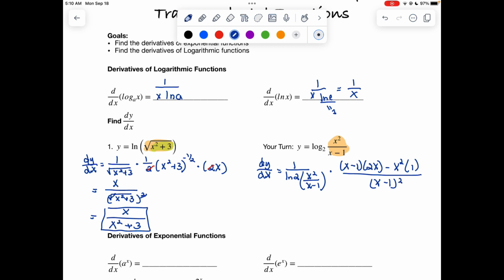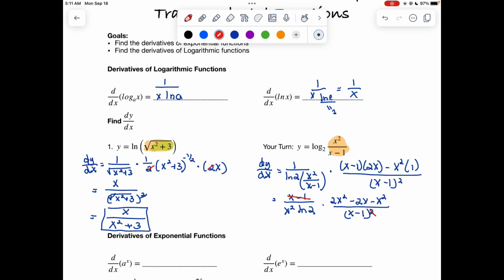All right, first thing I'm going to do with simplifying is I'm going to take that compound fraction and flip over the fraction. And so I have x minus 1 divided by x squared times the natural log of 2. And then we're going to simplify the numerator on this second fraction to get 2x squared minus 2x minus x squared, all over that x minus 1 quantity squared. They'll combine like terms and factor out the x.